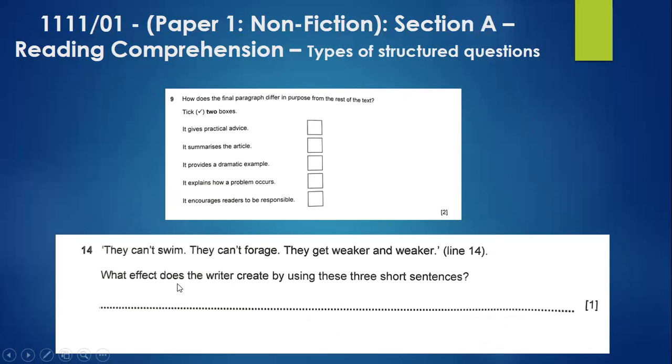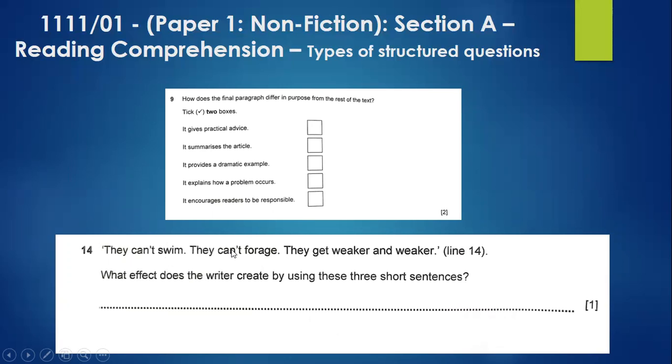Now, this is an example of a question where you will need to infer on the writer's effect. You will need to analyze the writer's effect. So you would get a few examples of sentences from the passage like this.